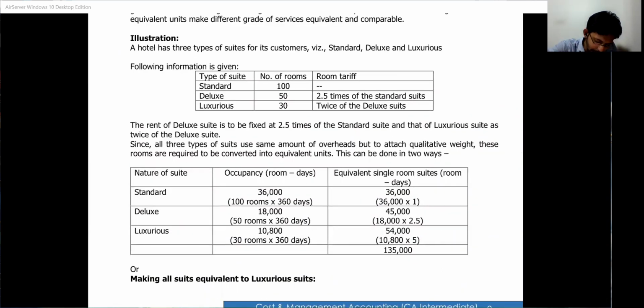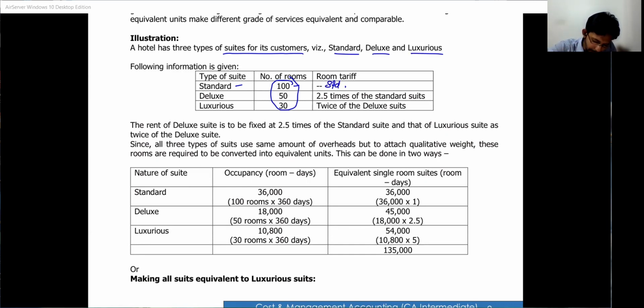Illustration. A hotel has 3 types of suite room for its customers. That is standard, deluxe, and luxurious. So 3 types: standard, deluxe, and luxurious. Now, the number of rooms that are available under each type of suite and the tariff is also given. Okay, in case of standard, there are 100 rooms and room tariff, let's say this is the standard room tariff.